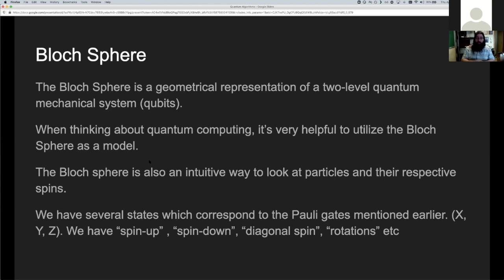This is modeled off of particles like an electron or a photon, which have different spins. You can spin up, you can spin down, there are rotations, 45-degree rotation, 90-degree rotation, and so forth. Some of these map to the X, Y, and Z gates, the Pauli gates. So you have your NOT, your Y, and your Z, which is the phase.